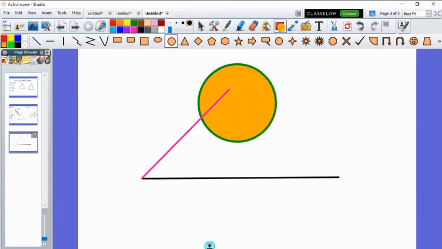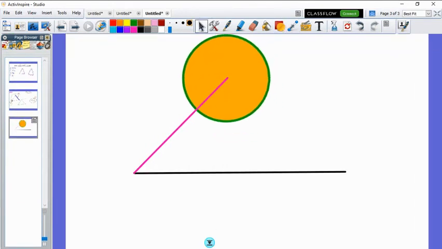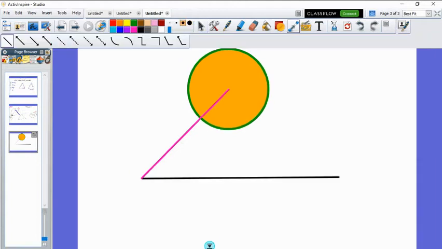But if I was to choose like this length, anywhere around that point. So right now, if it was here or something like that, we are doing this side is the same, this side is the same, and this angle is the one that's changing. So this angle can change anything right here to make a triangle.